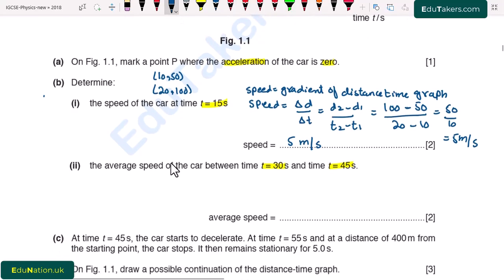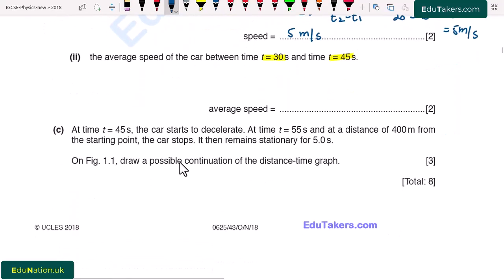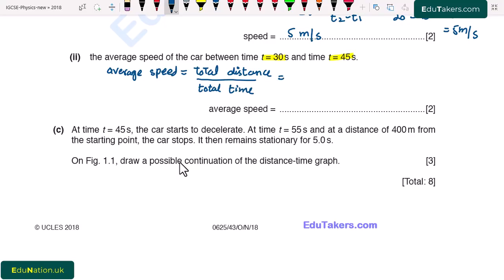I write here average speed is equal to total distance covered by the car divided by total time taken. So we have to find out the total distance and total time.